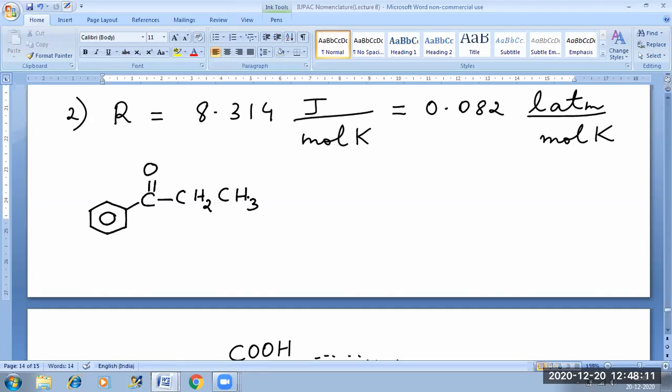What about this one? What is the principal functional group in this compound? Ketone.